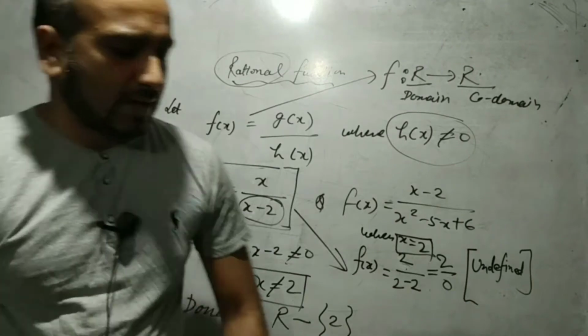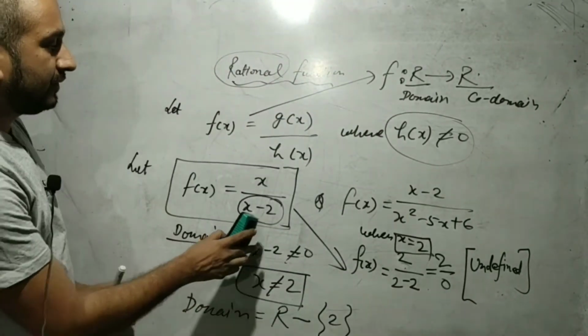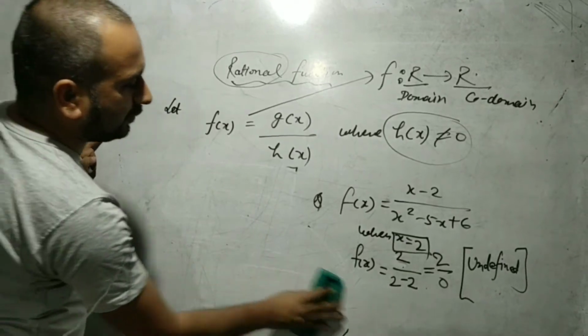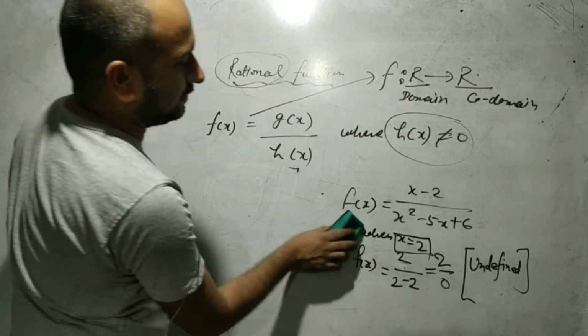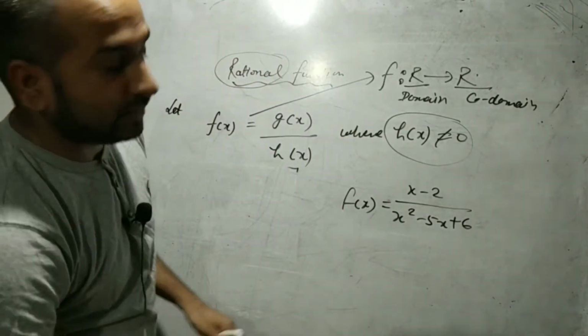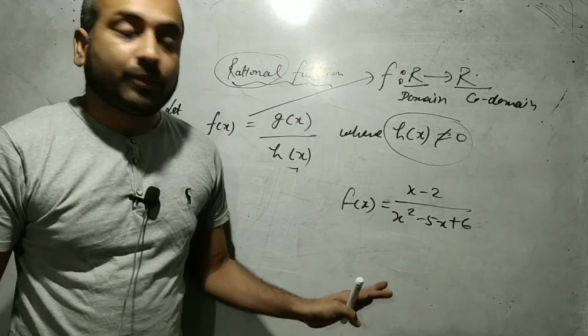Now I will discuss another function. So this one is over now, and I will discuss this function. Here again, I am finding what is the domain of this function.